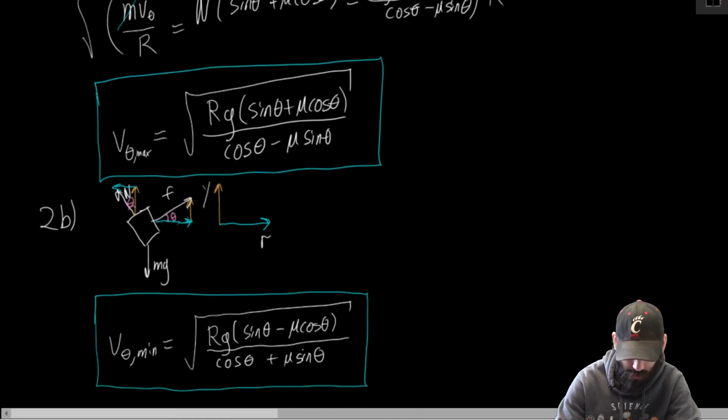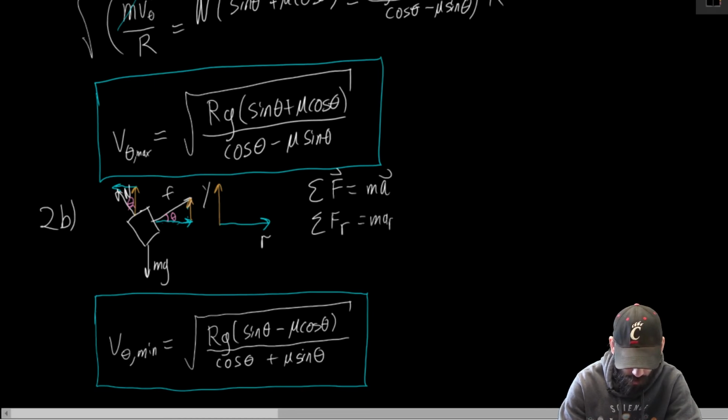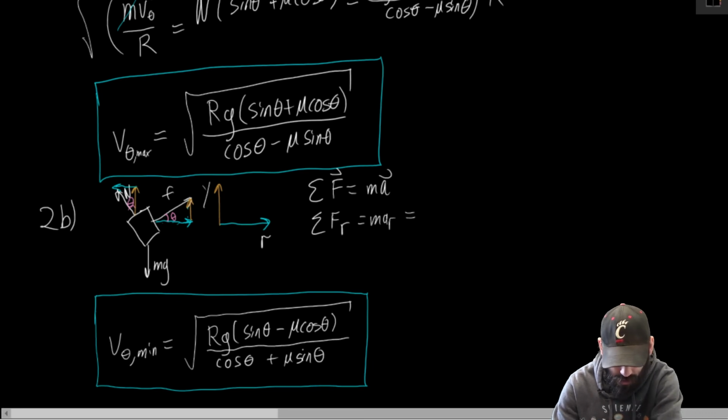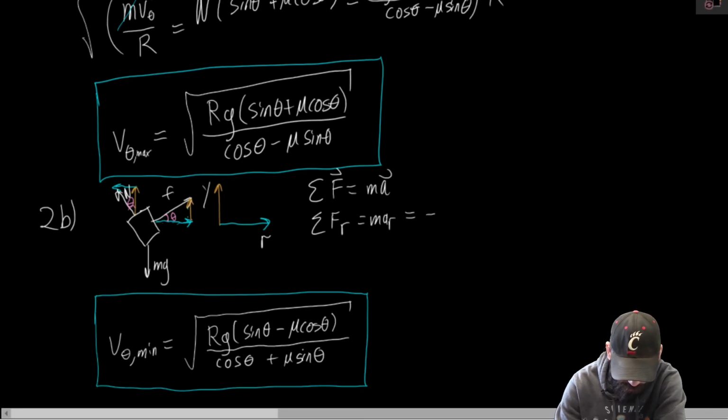So the other step that I'm going to write out here is the sum of forces in general. So sum of forces is equal to mass times acceleration. Sum of forces in the r direction is going to be equal to MAR, which is in this case going to be minus n times sine of theta plus f times cosine of theta.